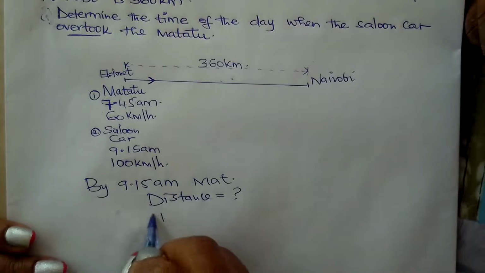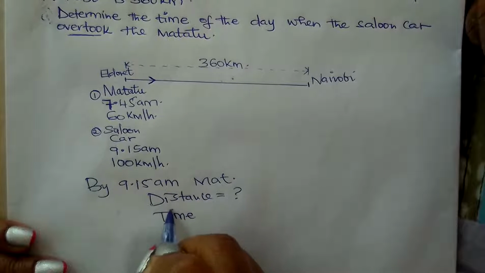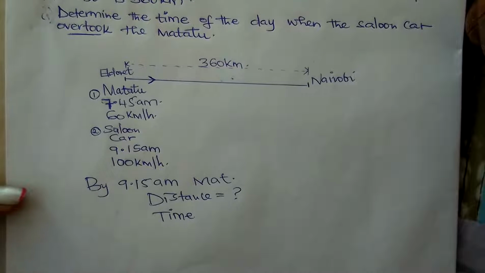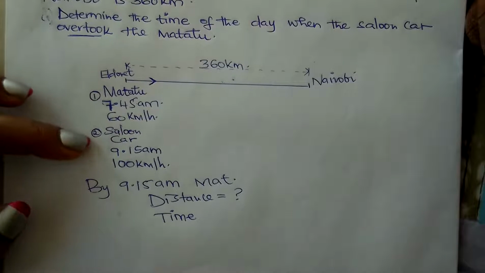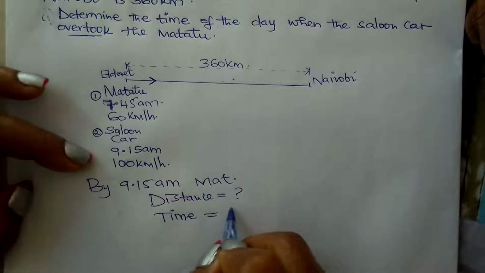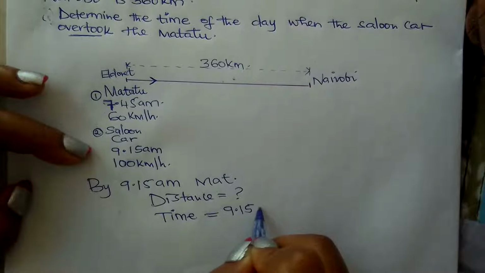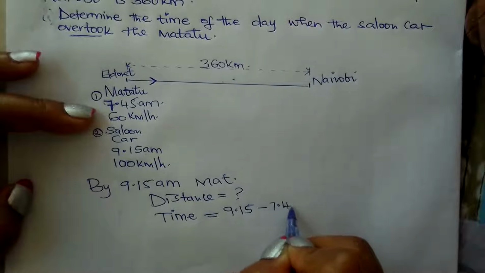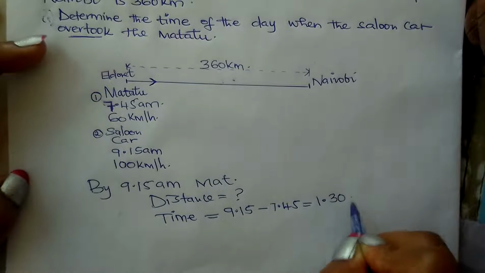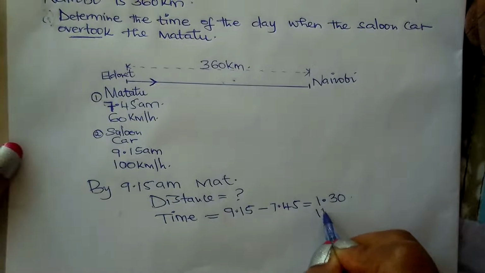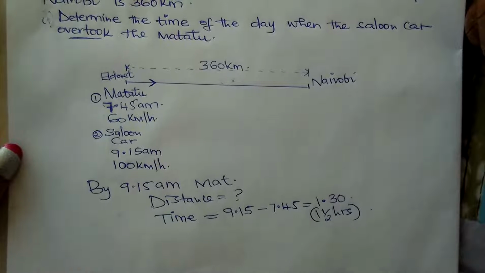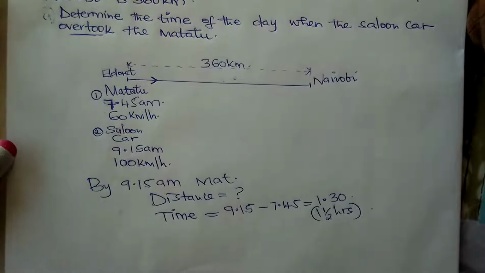So you first think of the time taken by the matatu before the saloon car left Eldoret. So you come and talk of 9:15 minus 7:45. You get 1 hour 30 minutes. In other words, this is 1.5 hours. Yes.